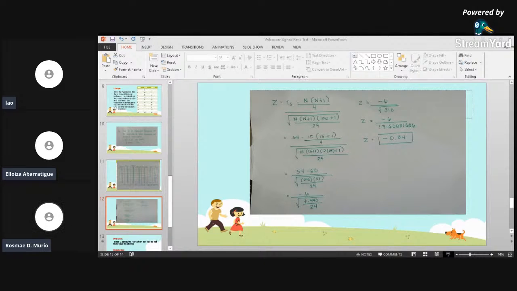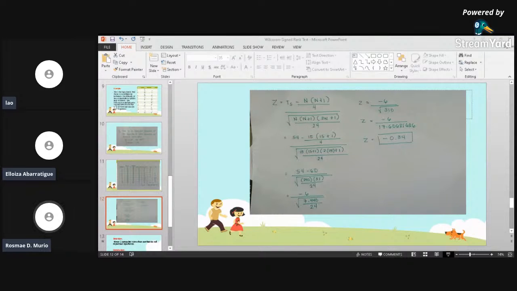Nakuha na natin ang square root, so we need to divide po sa numerator natin, which is negative 6. Negative 6 divided by the denominator, 17.6068, is equal to negative 0.34.